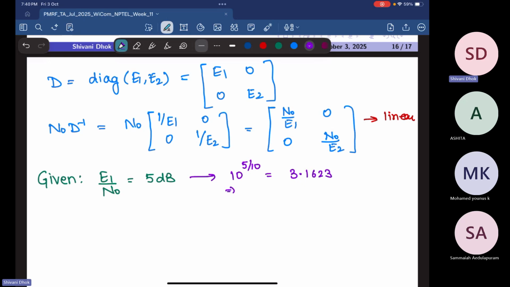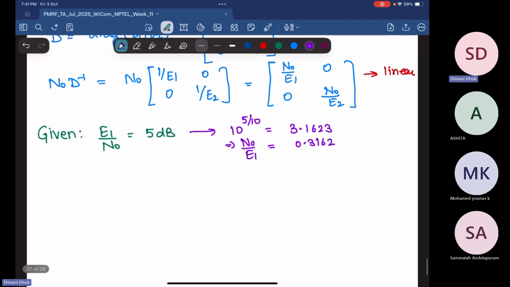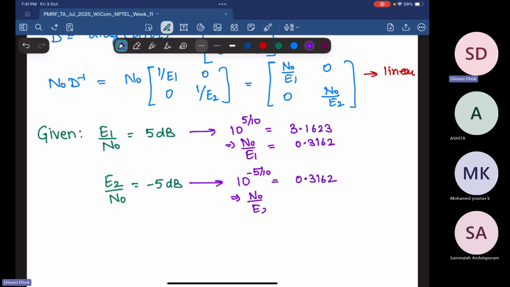So N naught by E1 is 0.3162. You can check, it comes out to be like this. Then you are given E2 by N naught as minus 5 dB, which is 10 to the power minus 5 by 10, equal to 0.3162. So N naught by E2 comes out to be 3.1623.